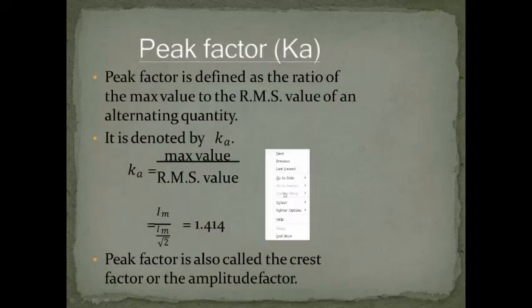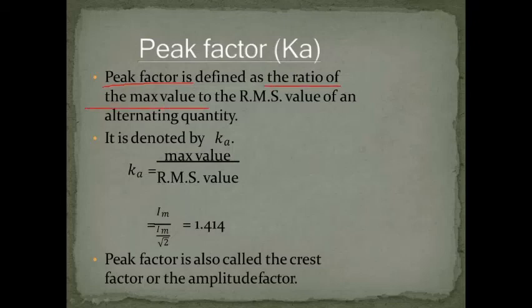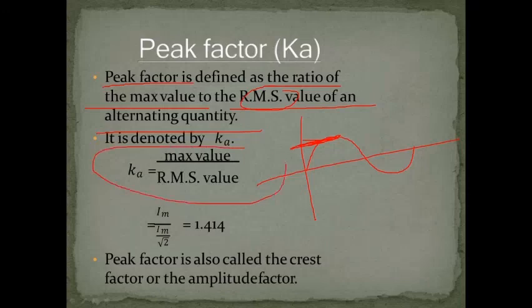So what is meant by peak factor? These are common definitions used in AC circuit analysis. Peak factor is defined as the ratio of the maximum value to the RMS value of any alternating quantity. It is denoted by Ka: maximum value upon RMS value.